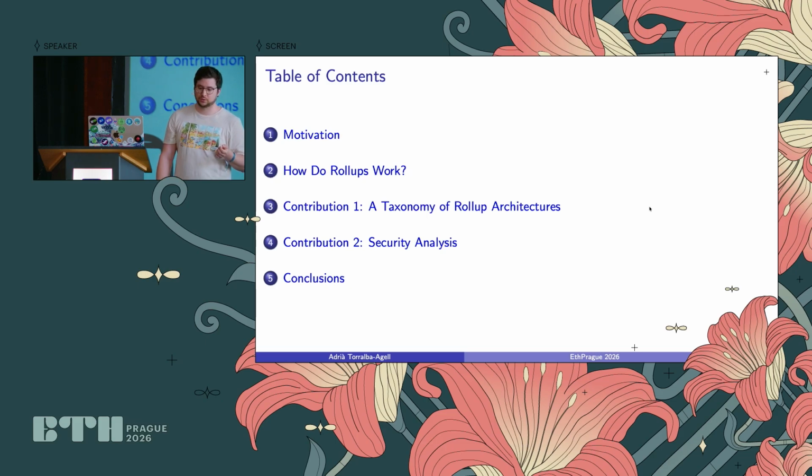And the second contribution is that, on that taxonomy of the sequencer architectures, we present and propose which network attacks are more feasible or more probable depending on this taxonomy. And finally, I will draw some conclusions.